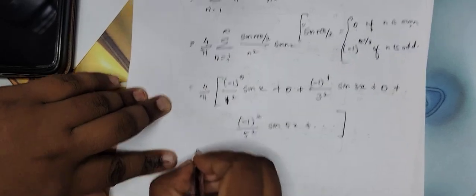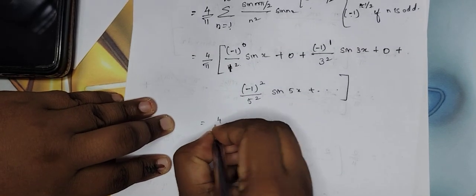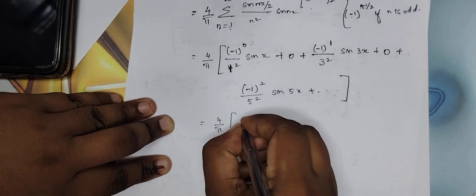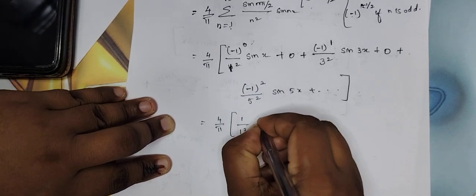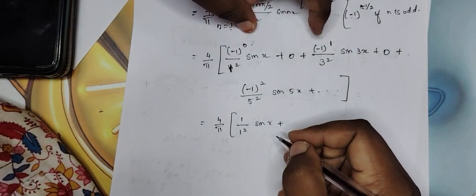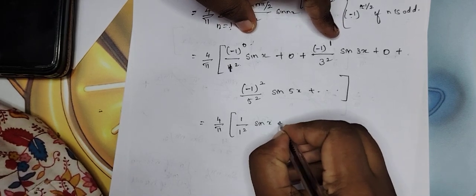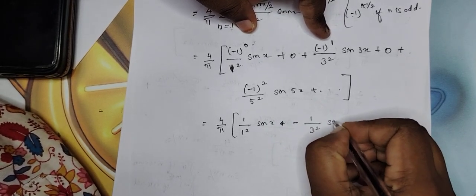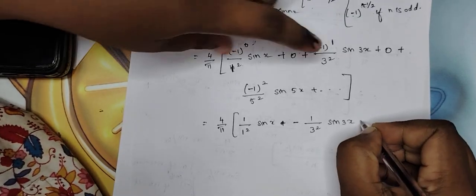So this is nothing but 4/π times: (-1)^0 is 1, so 1 by 1² sin x, plus this term 0. The next term (-1)^1 is minus 1 by 3² sin 3x. The next term is 0.